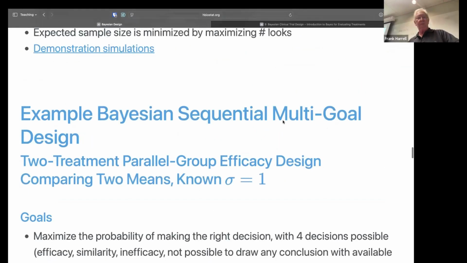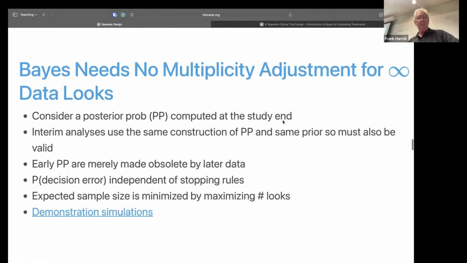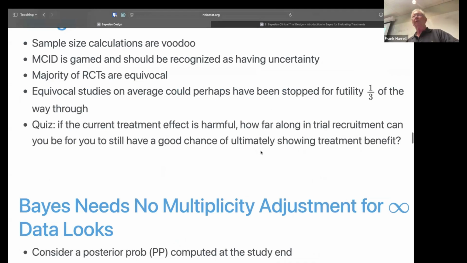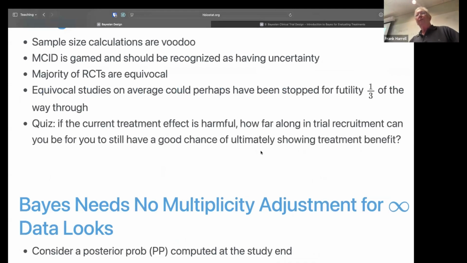Like about that 10% thing that you just mentioned, does that mean that if I'm going through my trial and I've got 10% of my outcomes collected and realize that the point estimate is negative, I can stop the trial? You probably should stop it for hopelessness.